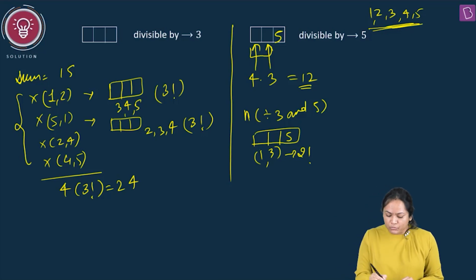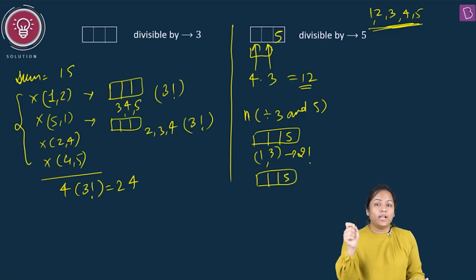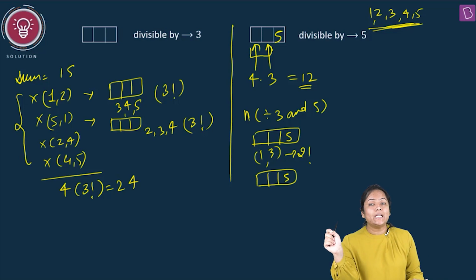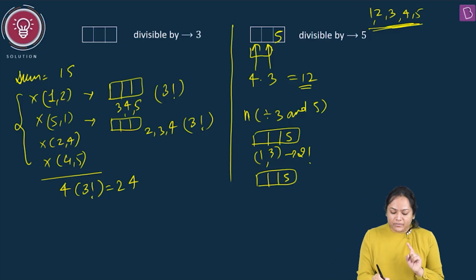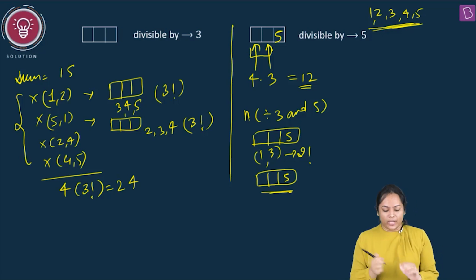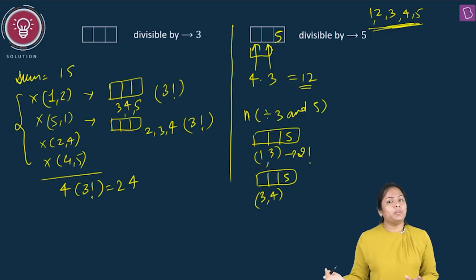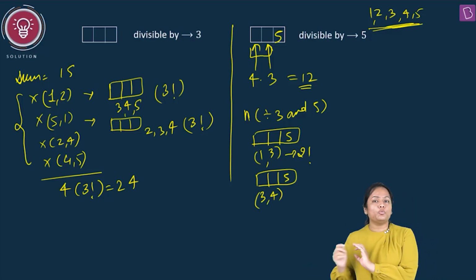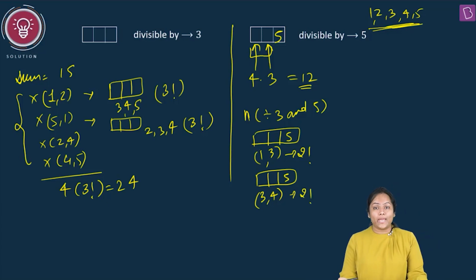And I can have more cases. Suppose again my last digit is 5. My sum after 9 is 12, again divisible by 3. So if I have to make the entire sum 12, these two numbers should be 3 and 4, because their sum is 7, plus 5 again is going to be 12. Again, these can be arranged in 2 factorial ways.